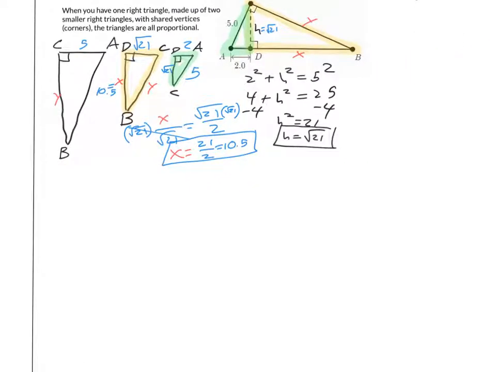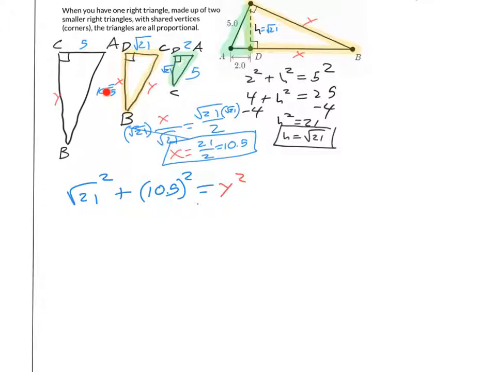Well, according to Pythagorean theorem, again, this could be like my a, my b, and my c. So let's just write it all out here. I would say the square root of 21 squared plus 10.5 squared has to equal y squared.